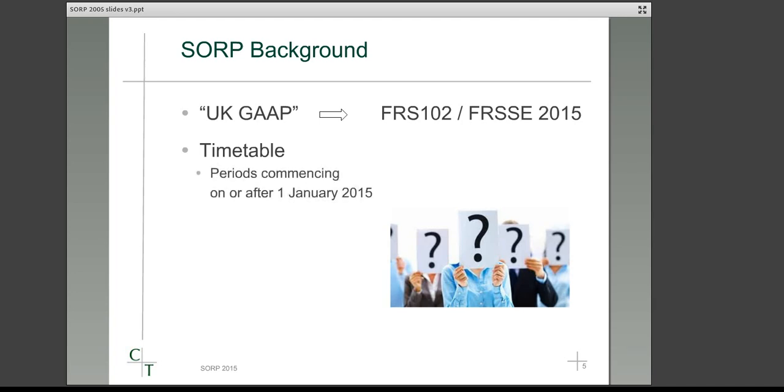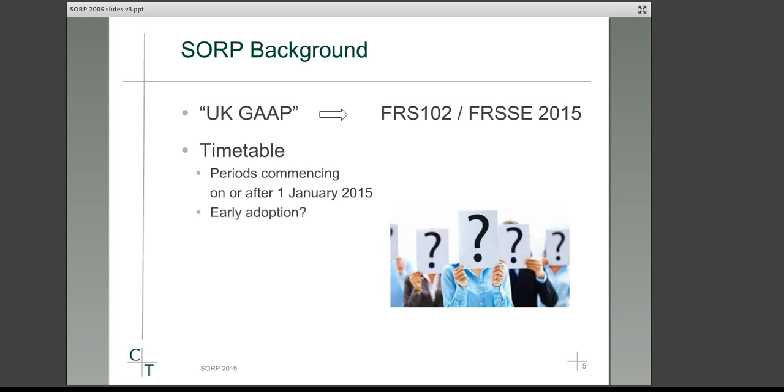Now, the timetable here is quite important. For example, if you prepare accounts at the end of March, the first period of account in which you will be applying the new SORP will be 31st March 2016. If your accounts are prepared at the end of December, then your first period of account will be 31st December 2015. This seems quite a bit of time off, but as we'll talk about at the end, it is important to be thinking about this sooner rather than later.